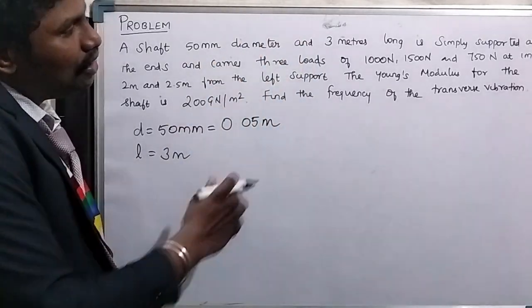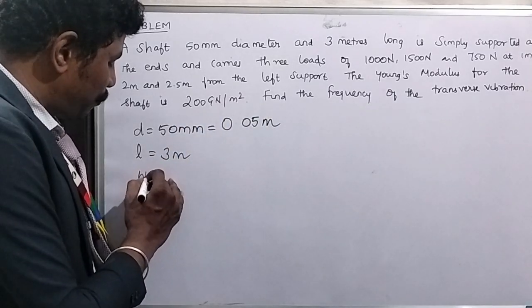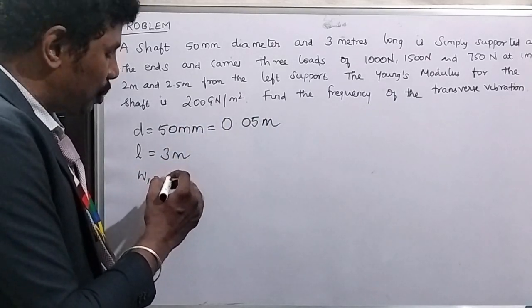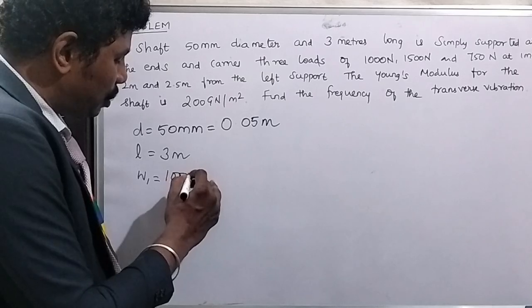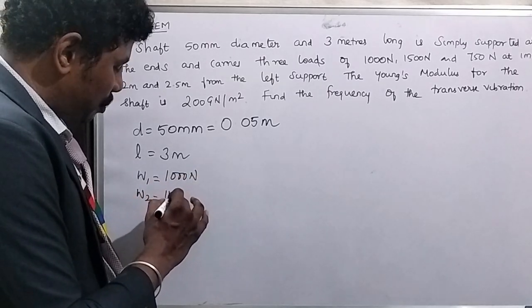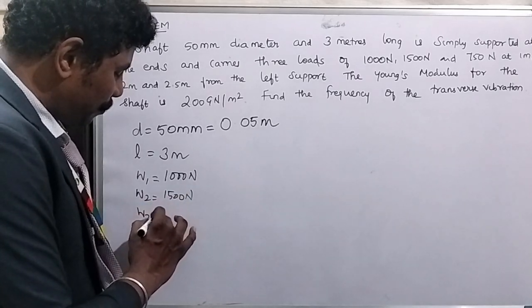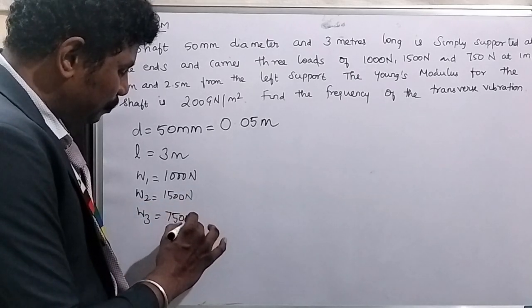And the next thing, there are 3 loads present in the system. The first load is represented as W1, which is 1000 Newton, W2 is 1500 Newton, and the third load is 750 Newton.